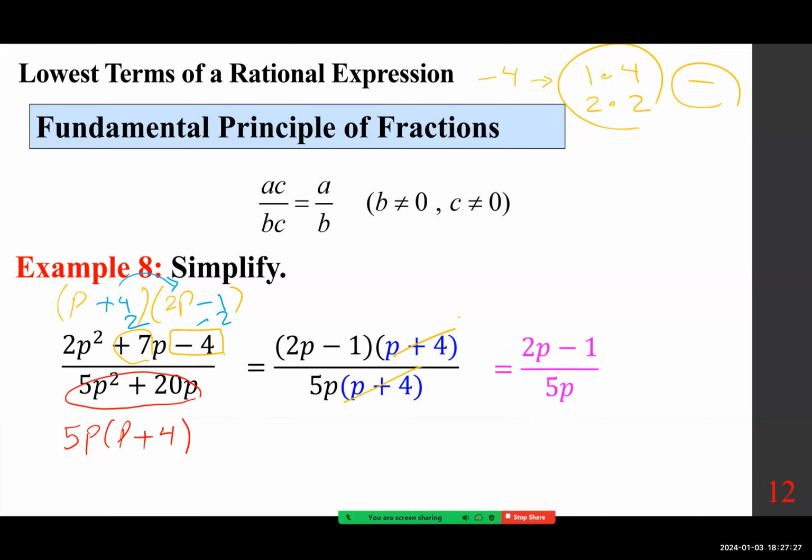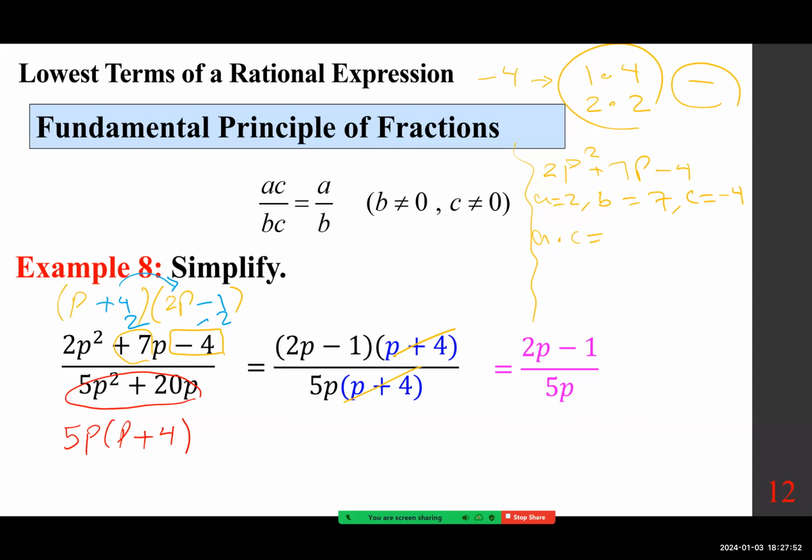So the second method of factoring this, so we said 2p squared plus 7p minus 4. We want to factor this. So in this case, a is 2, b is 7, c is negative 4.